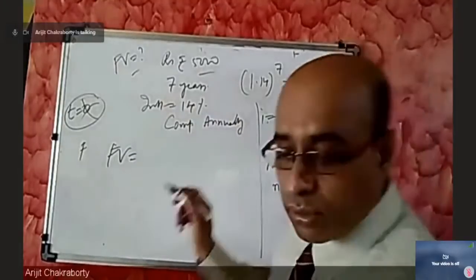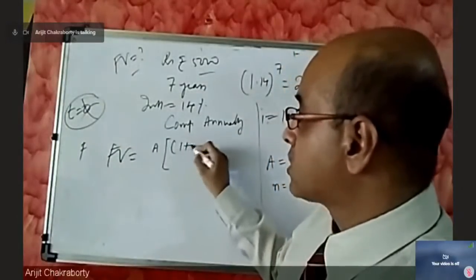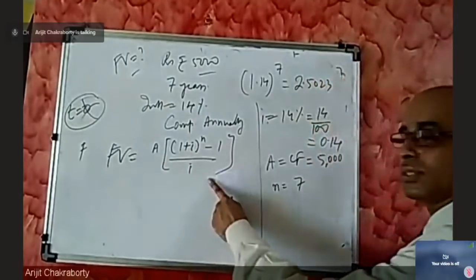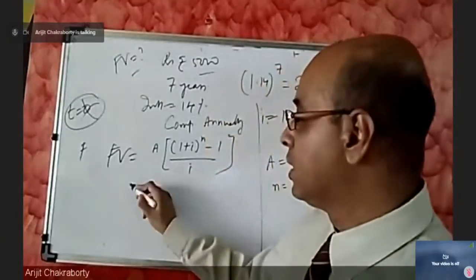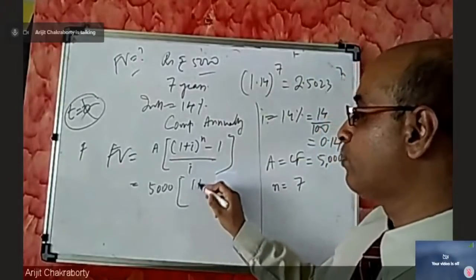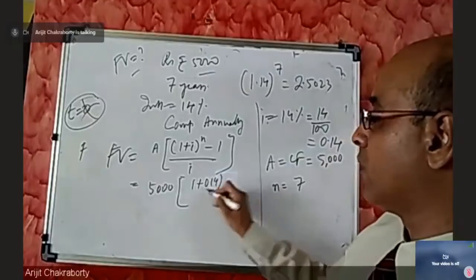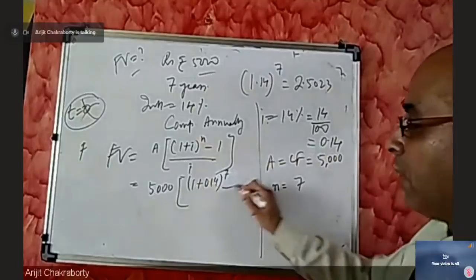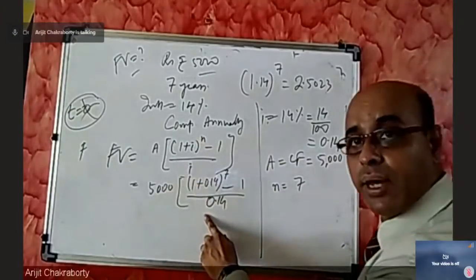The formula we know is equal to A into ((1 plus i) to the power n minus 1) by i. So let's fill up this formula to see what happens. This is equal to A, which is 5000, into (1 plus 0.14) to the power 7, because n is 7, minus 1, by 0.14, because i is 0.14 here, right?